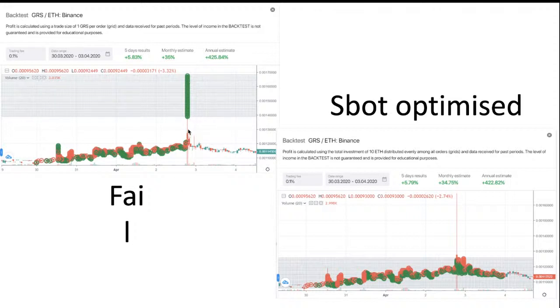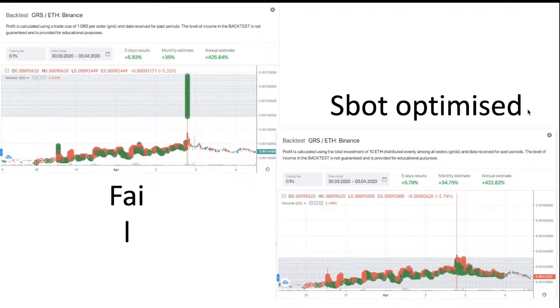You see that here is the pump, and without the optimization that we currently have, the majority of your trades by orders would be executed at the very top right here, and then you see a consequent drop down, and that means that basically you would buy very high and then would be significantly affected by the price depreciation. So that's something you want to avoid. You don't want to buy high and sell low. The idea is to buy low and sell high.